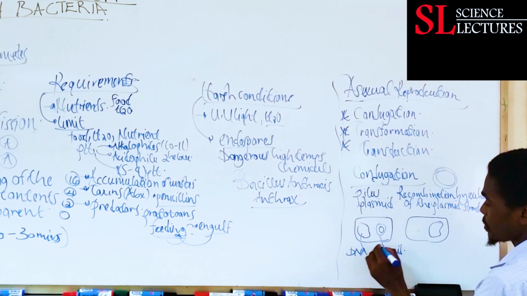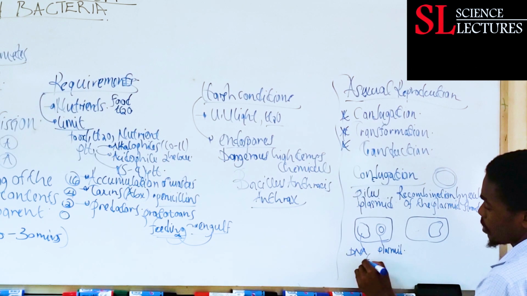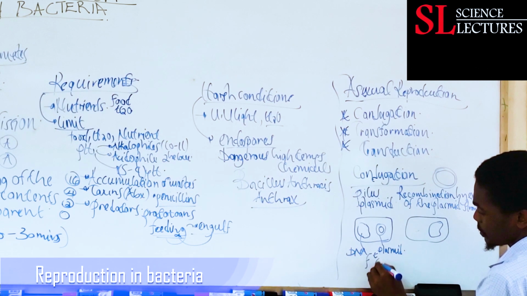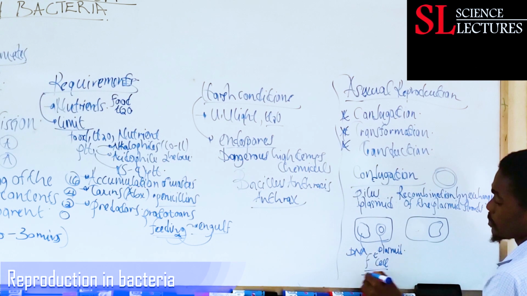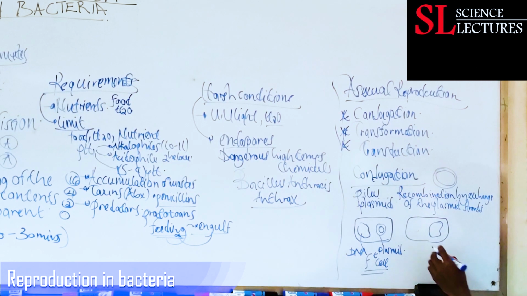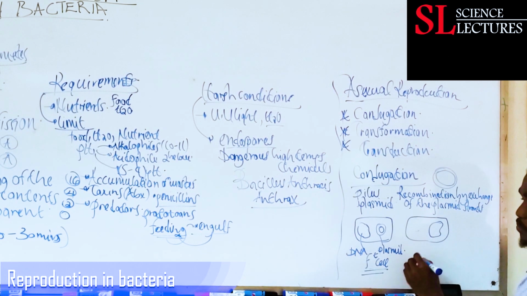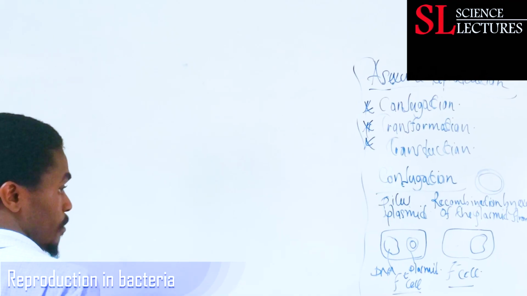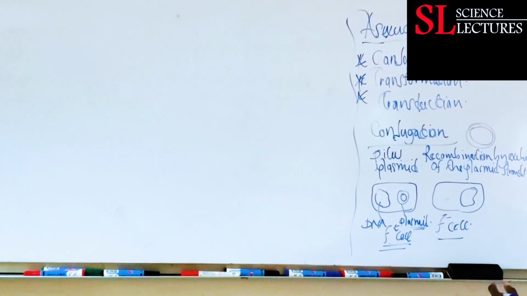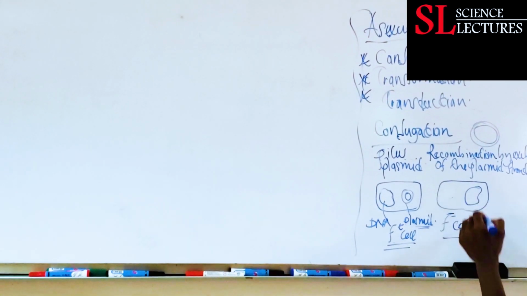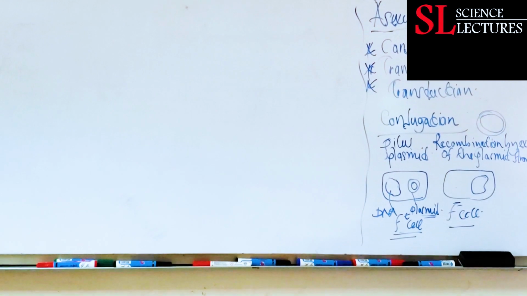The one that carries the plasmid we call the F positive cell, because it is fertility positive. The one that does not possess the plasmid is called the F minus cell, the fertility negative, but it has the actual bacterial DNA.